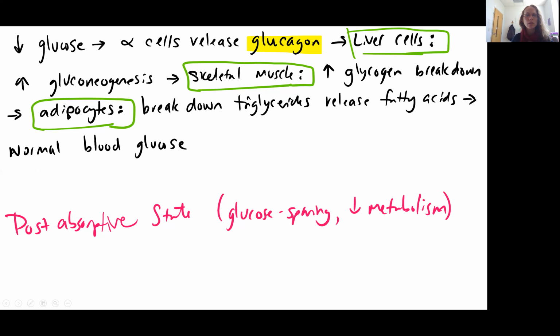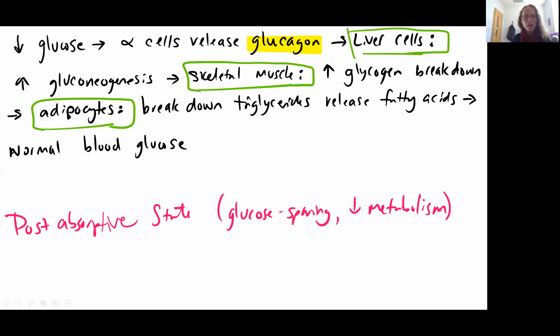Skeletal muscle cells can break down the stored glycogen and release glucose that way. Adipocytes are going to break down triglycerides and release the fatty acids. So we have glucose being made, glucose being released so that your neurons have glucose to use and you're also maintaining your blood glucose levels.